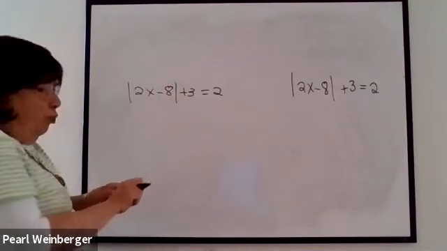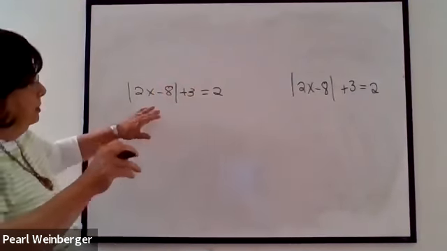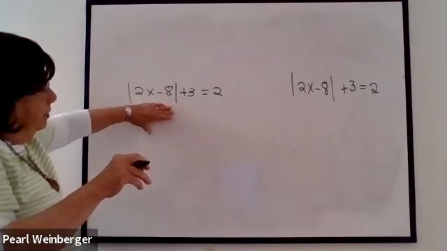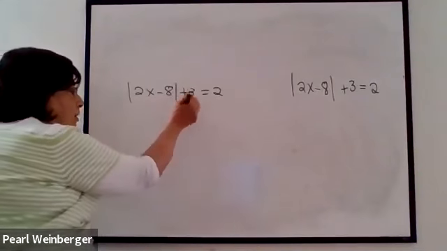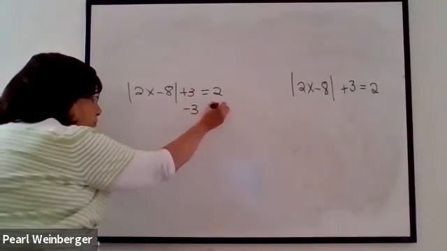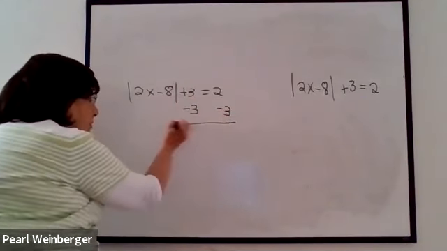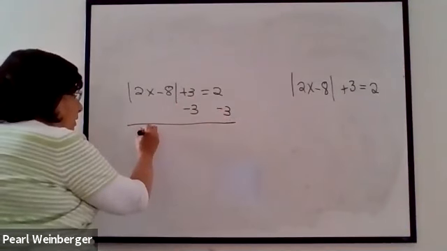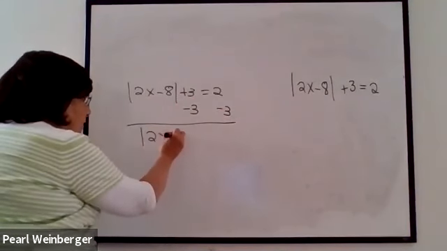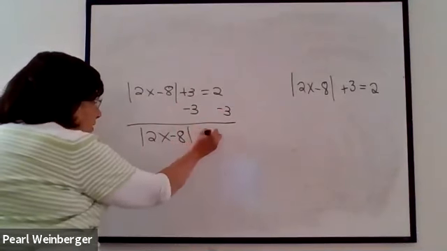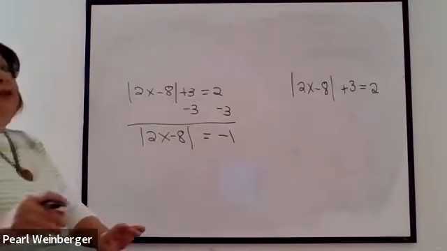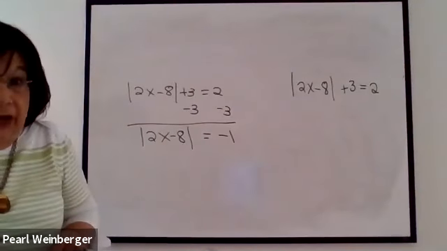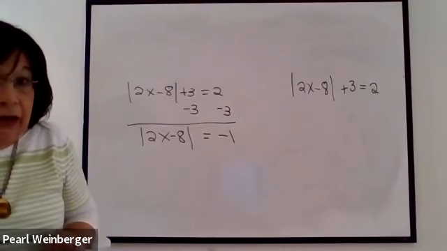If I recall, our first step is to get the absolute value by itself, which means I want to get rid of this 3 over here. I'm going to subtract 3 from both sides, which will give me the absolute value of 2x minus 8 equals -1.